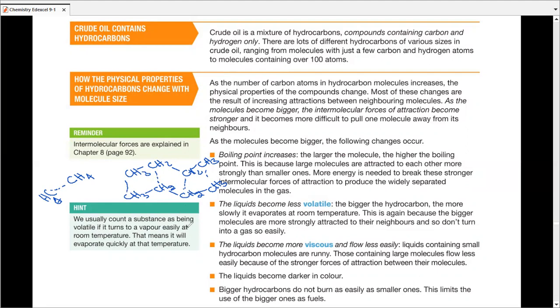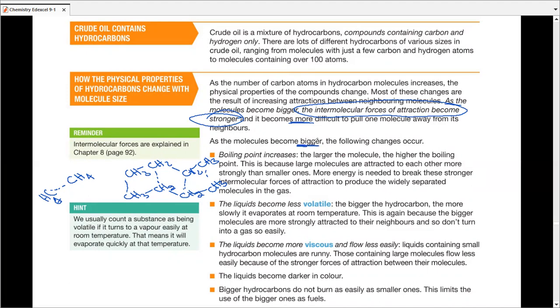So you'd notice that as the chain length increases, the number of attraction points increases. When the number of attraction points increases, the intermolecular forces of attraction become stronger. And when they become stronger, it's more difficult to pull one molecule away from its neighbors.